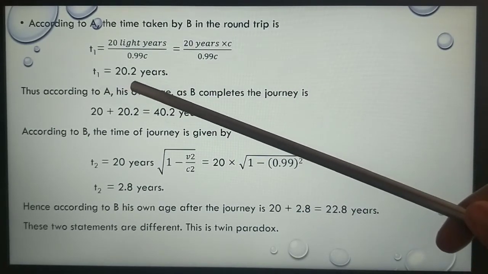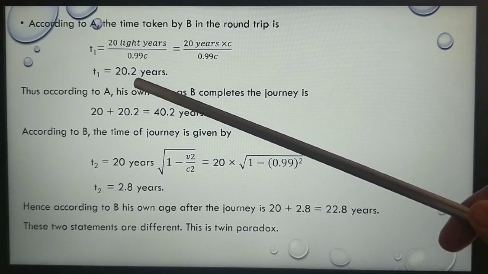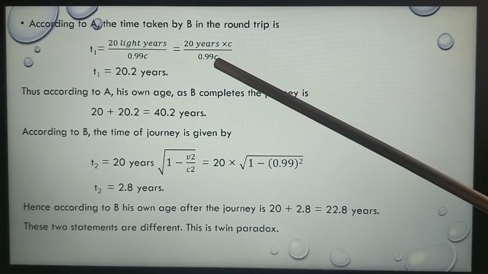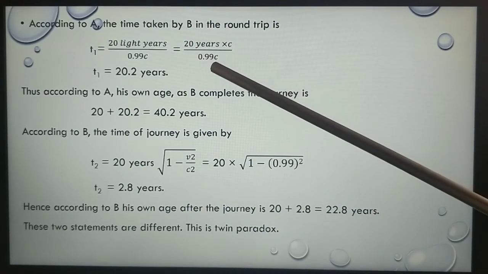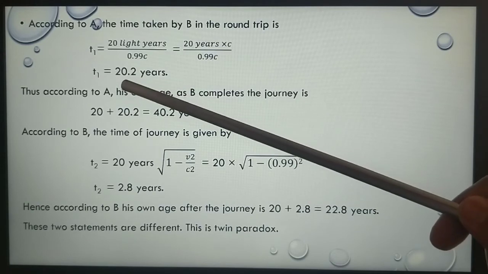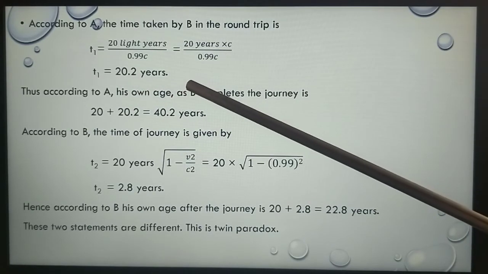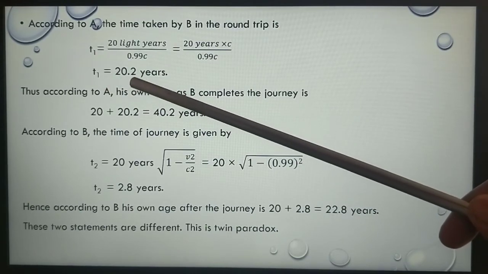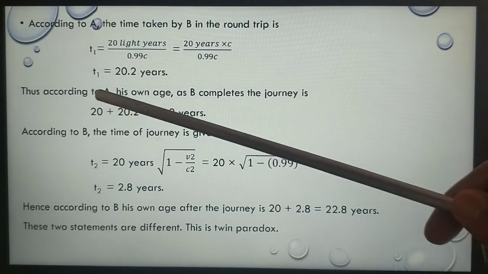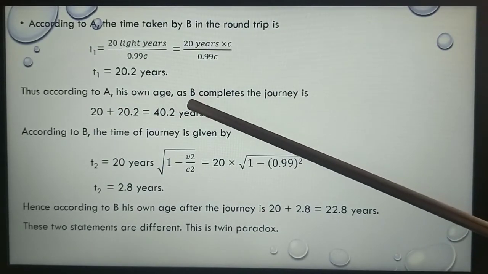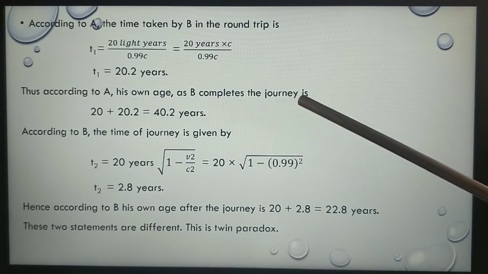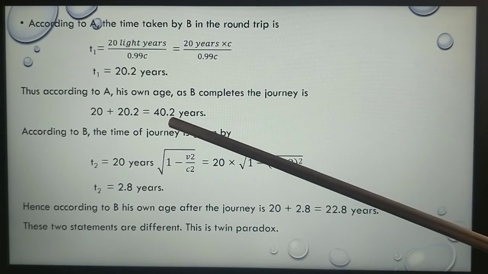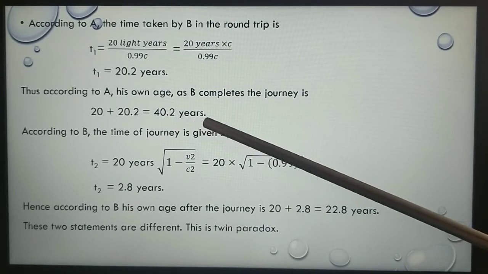The c's get cancelled, and we get T1 equal to 20.2 years. Thus according to A, his own age as B completes the journey is 20 plus 20.2, equal to 40.2 years.